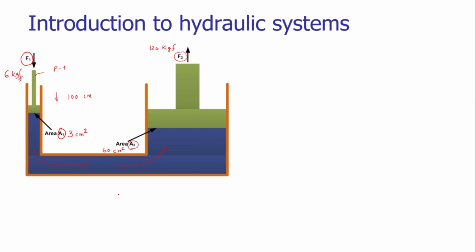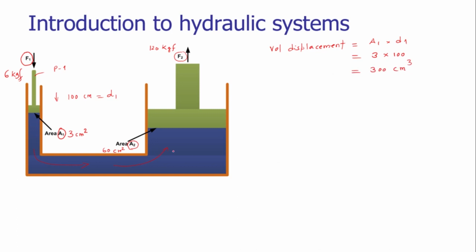The volume displacement can be computed as the area 1 into the displacement 1. So that is coming around 300 centimeter cube.